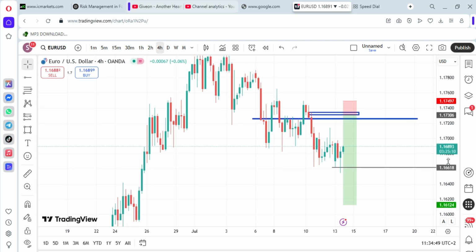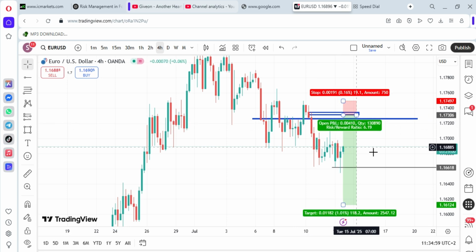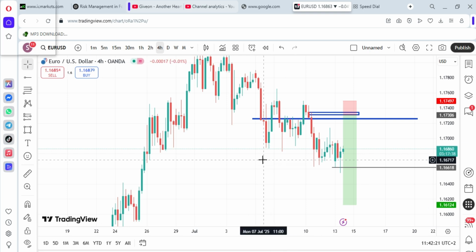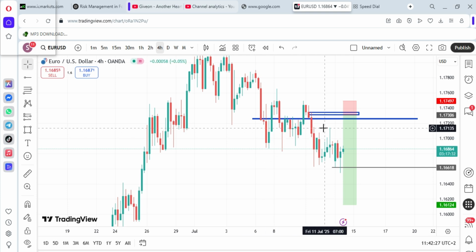So now we're going to wait for price to form a PA, fake out, or compression towards our entry. We're going to place our orders, our limit orders, and wait for price to form a PA, which is a fake out.